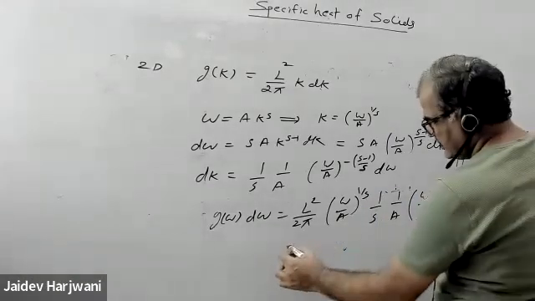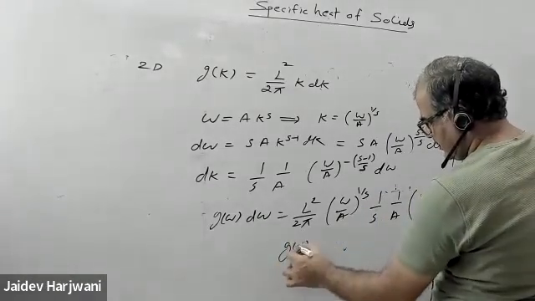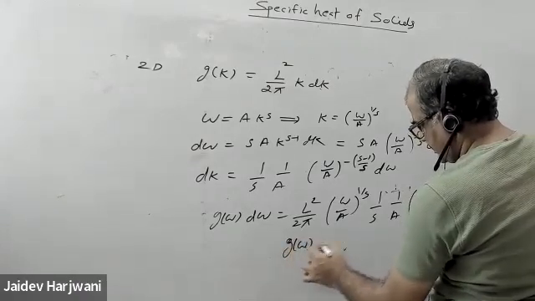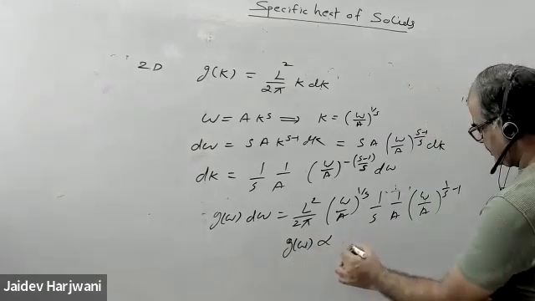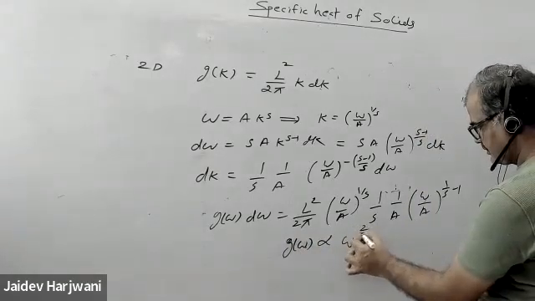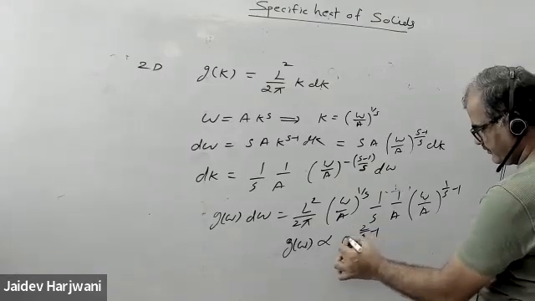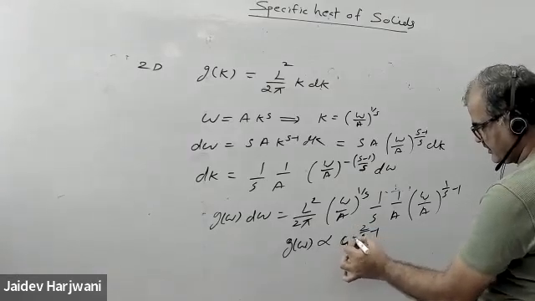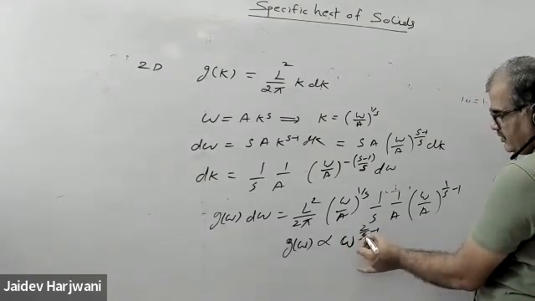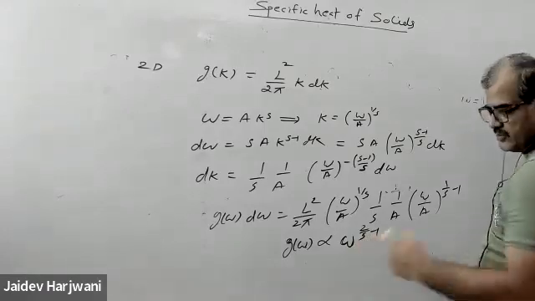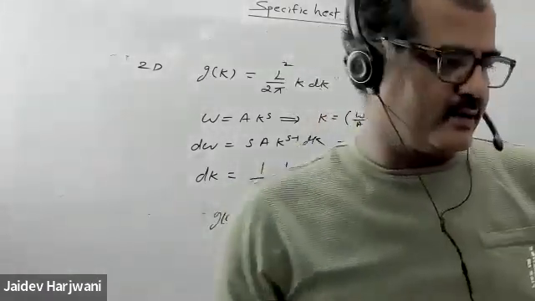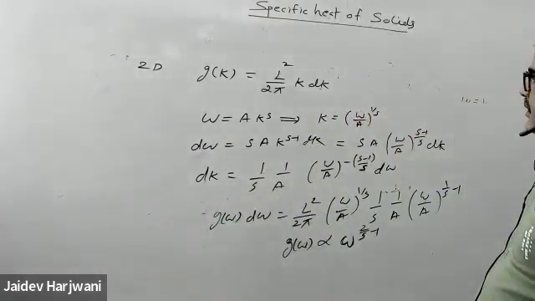So I can simply write g omega is proportional to omega power 2 by s minus 1. Now you can check for s equal to 1. If you put s equal to 1 here, you get omega, so g omega should be proportional to omega, what we wrote in the beginning. This is the correct expression.